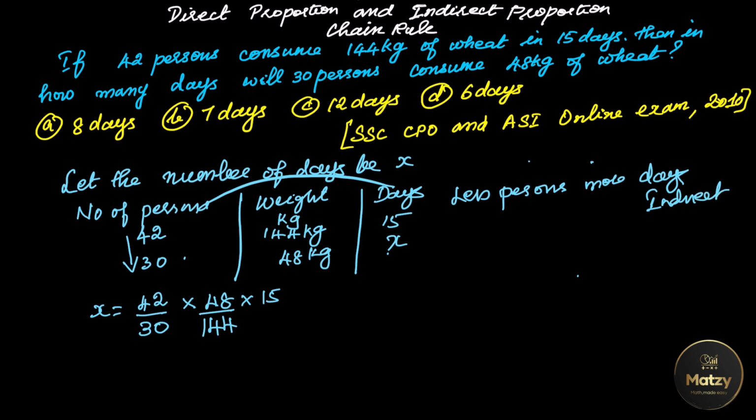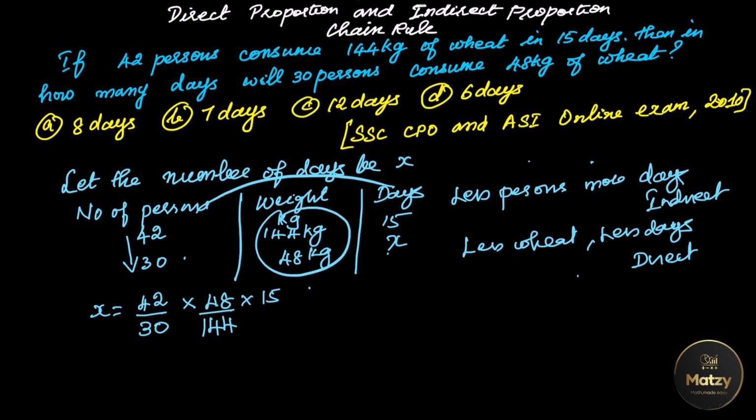Next, less weight, number of days will be less only. If weight is less, so less days. Both are decreasing, no? So direct proportion. If direct proportion, you have to write down the reciprocal of this. Indirect proportion means as it is you can write.